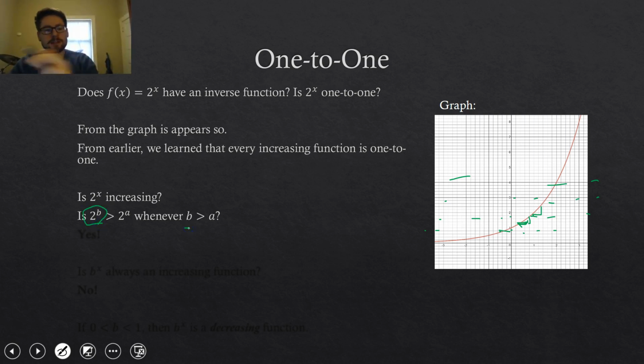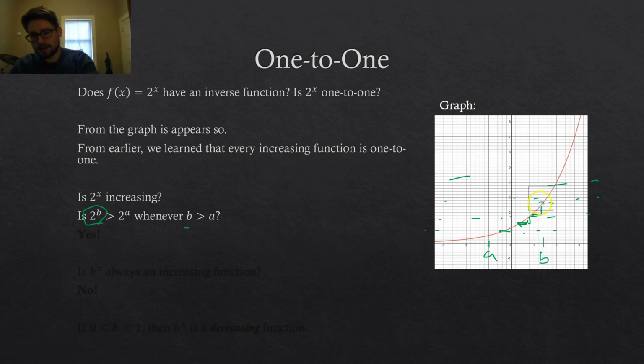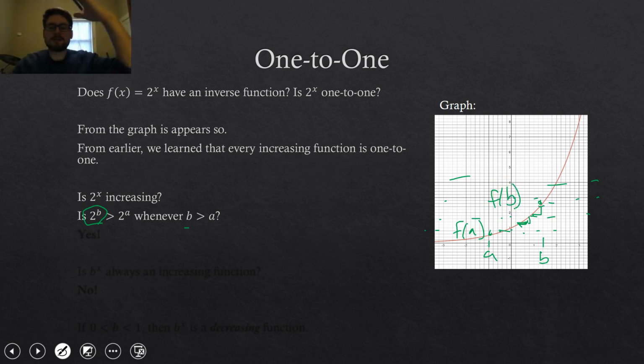So if b is bigger than a, if we're to the right of a, then 2 to the b is more than 2 to the a. You can choose an a over here, a b over here, and f of a is lower than f of b. f of b is above f of a when b is to the right of a. And the answer to that is yes.